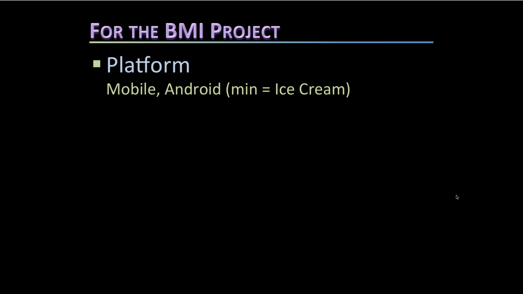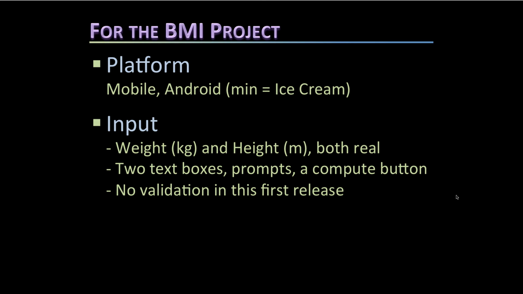In terms of entries, we expect the user to enter the weight in kilograms because the BMI project involves weights and heights. So we need the weight in kilograms, the height in meters. Both are expected to be real numbers. So here's the mechanism and here's the information type. In terms of layout, we expect them to be in text boxes, that is, boxes in which the user can make the entry.